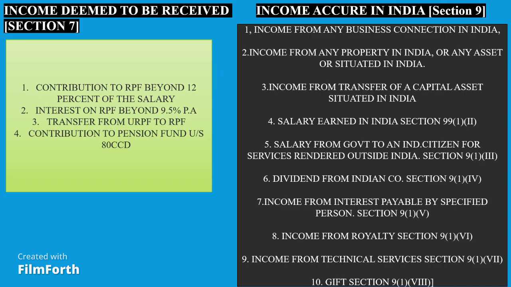Royalty will be deemed to accrue or arise in India when it is payable by 1. the government, or 2. a person who is a resident in India, except in cases where it is payable for the transfer of any right or the use of any property or information or for the utilization of services for the purposes of a business or profession carried on by such person outside India, or for the purposes of making or earning any income from any source outside India, or 3. a non-resident, only when the royalty is payable in respect of any right, property, or information used or services utilized for purposes of a business or profession carried on in India, or for the purposes of making or earning any income from any source in India.